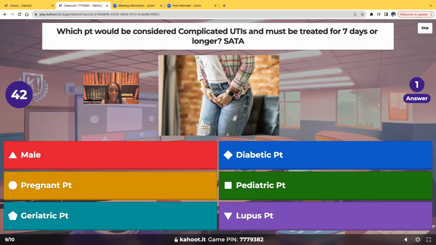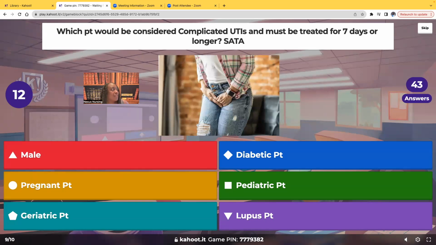Males, diabetic patients, pregnant patients, pediatric patients, geriatric patients, or lupus patients. Which patients would have to be on antibiotics for at least 7 days? They can't be on antibiotics for 3 days or 5 days. At the minimum, if they get an infection, they have to be on antibiotics for at least 7 days. Who falls into that category?